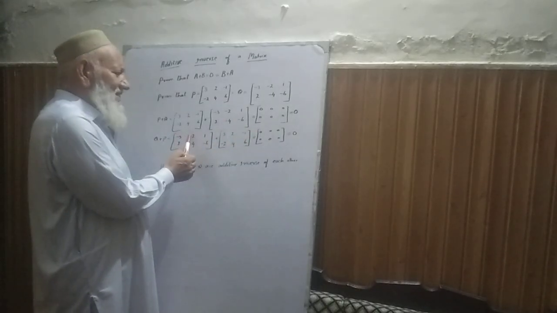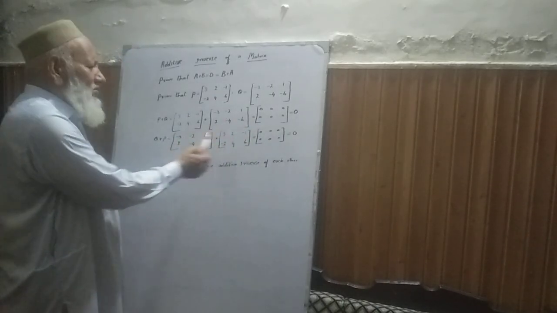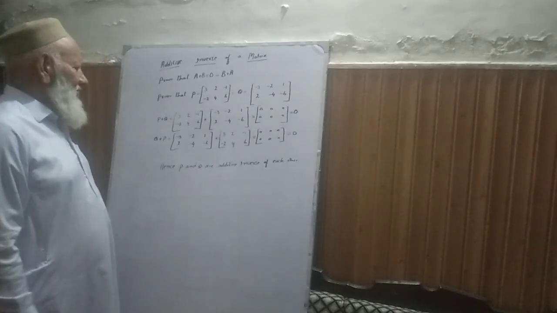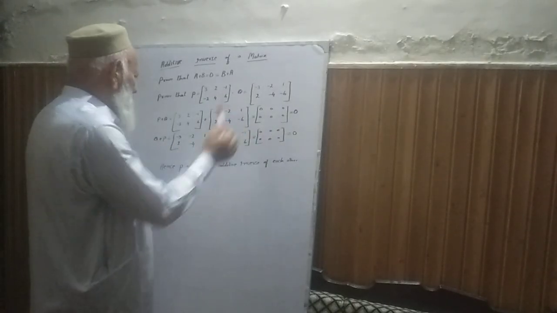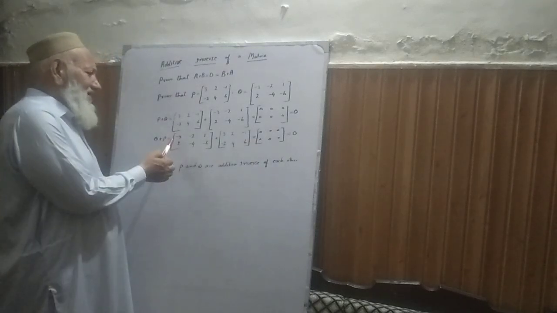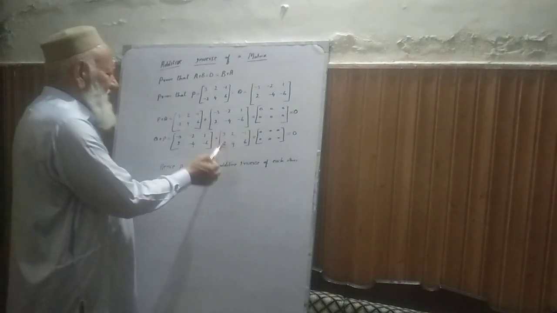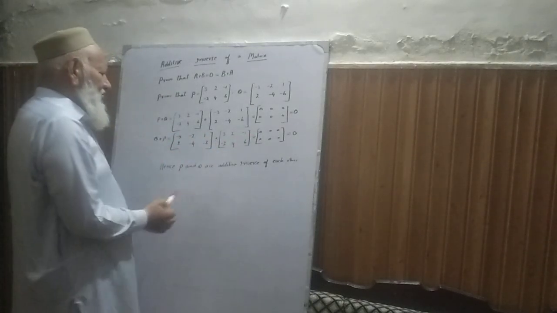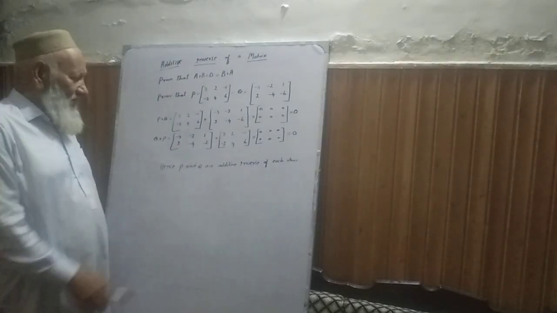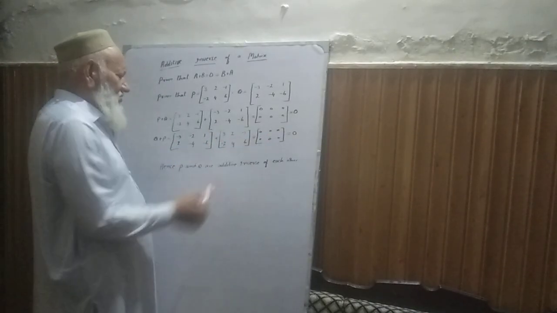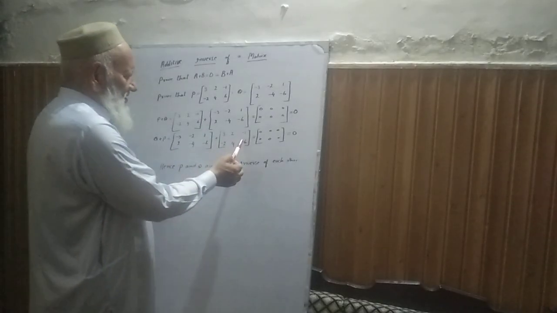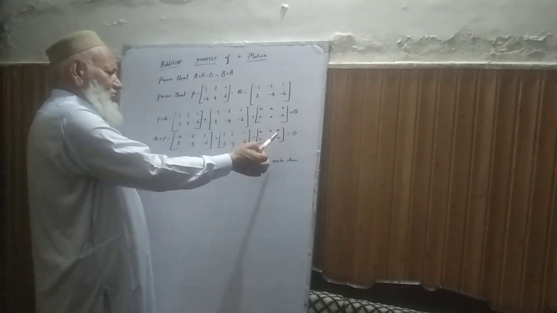There we add minus 2 with 2, automatically here comes the 0, and 1 we add with the minus 1, so there comes 0. Similarly, we add 2 with minus 2, so there also comes 0, and minus 4 with the 4, so there also comes 0, and minus 6 with 6, so there also comes 0.